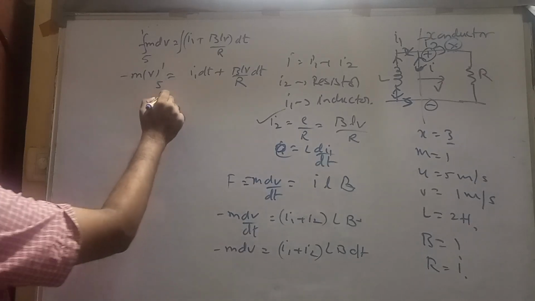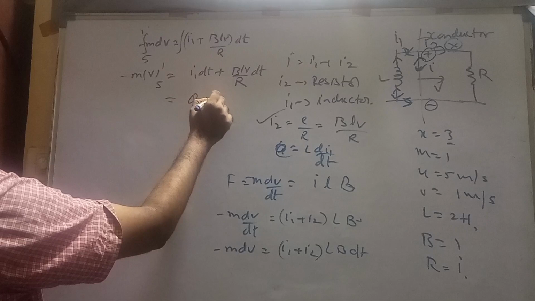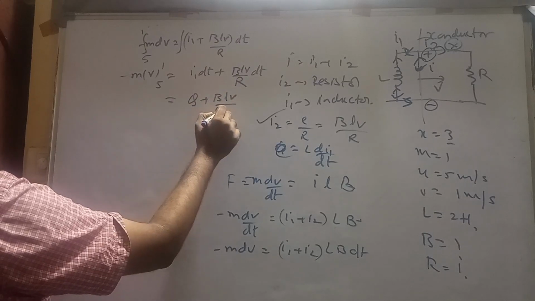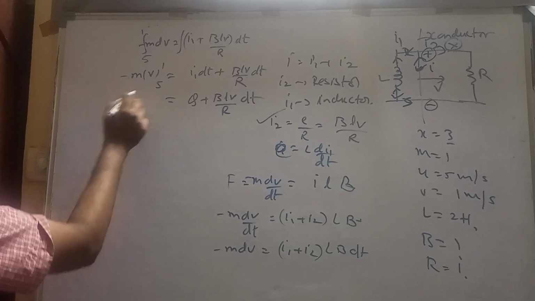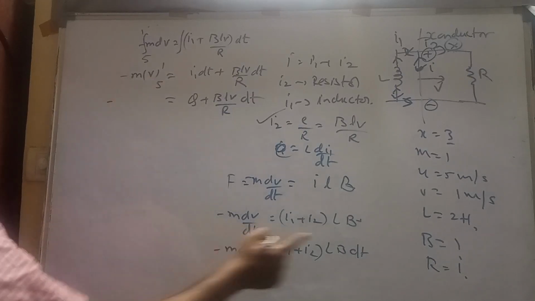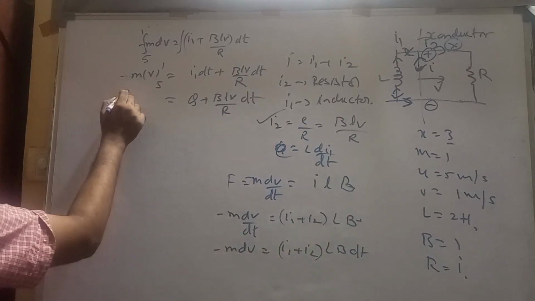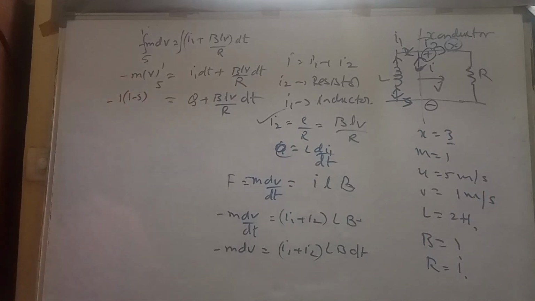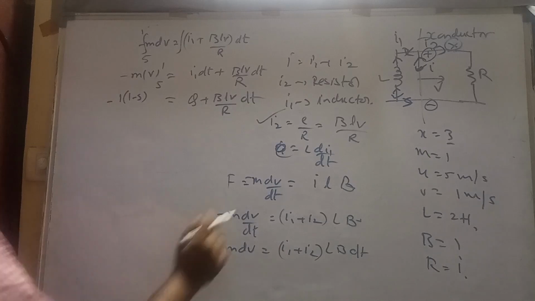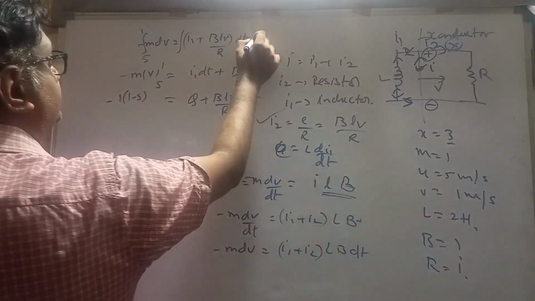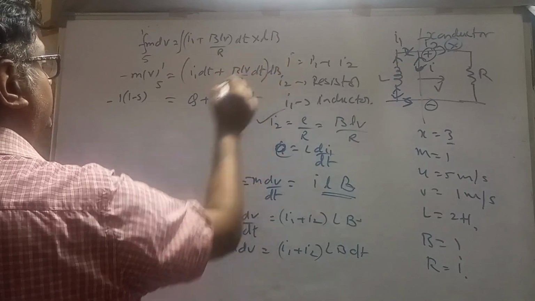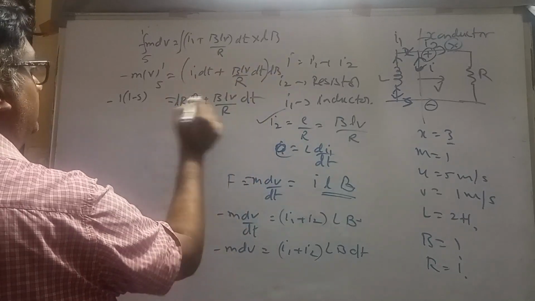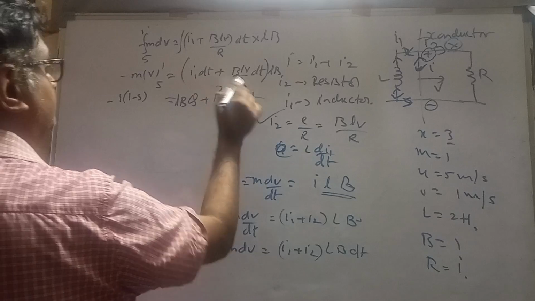So we can write this as q plus BLV by R dt. So this is minus. M value is 1, 1 minus 5 is equal to q plus BLV by R dt. Here we have to multiply with LB also. We are missing the term LB here, so one term LB will come here. And here also LB is there, so it will become B square L square.